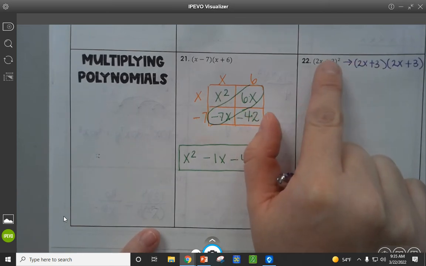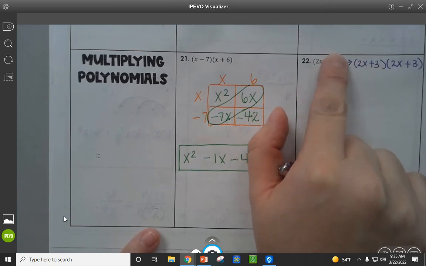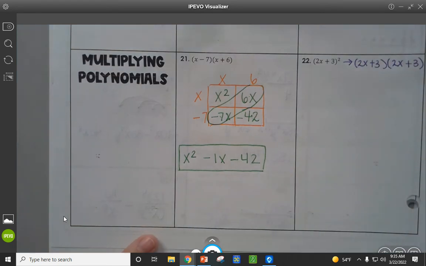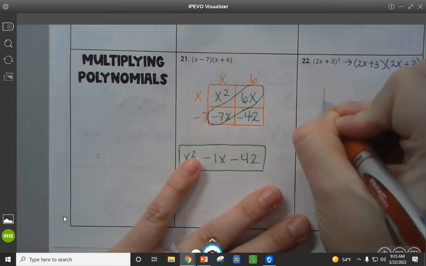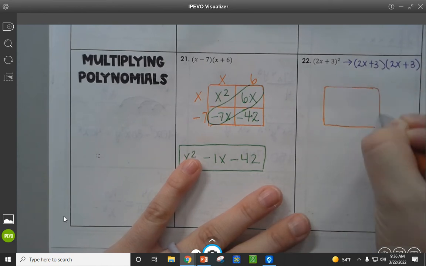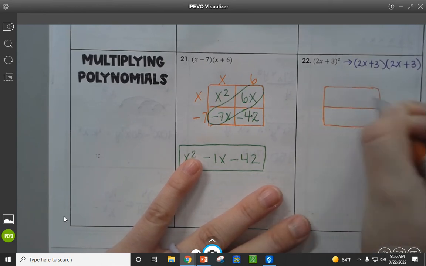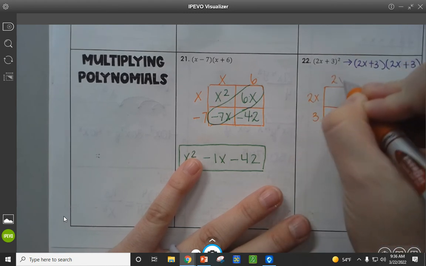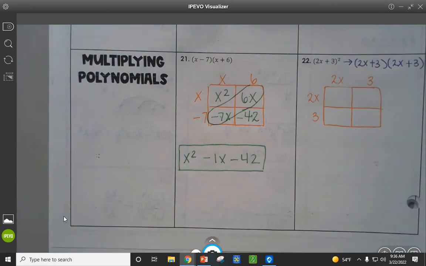But when you have 2x plus 3 squared, it's the same thing as having it written side by side. And so we do use the box method here. So we have 2x plus 3, 2x plus 3 in your box.